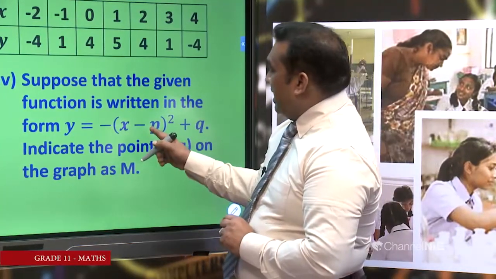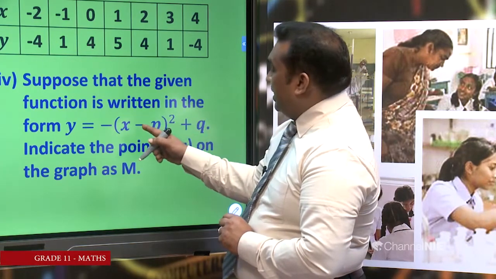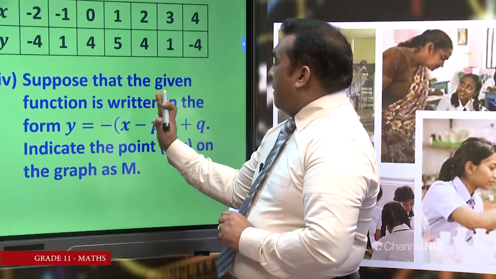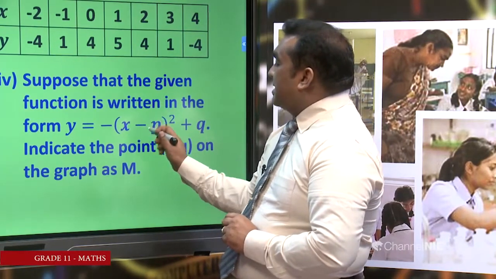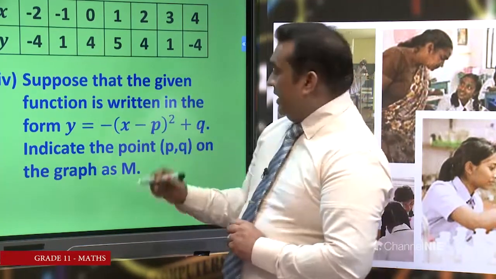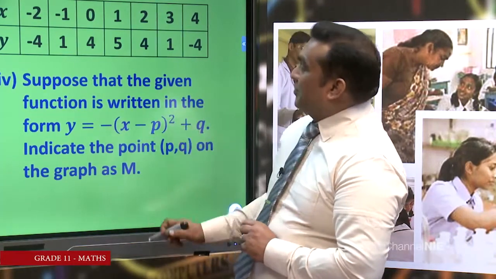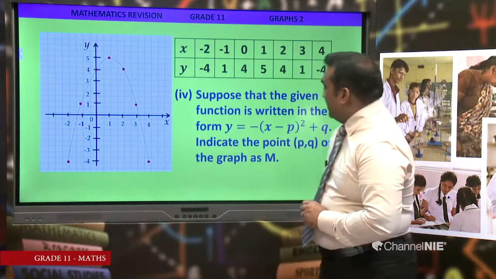Now, in minus (x minus p) squared plus q, you consider this p as the numerical value, and the minus sign is by the definition. Therefore, p is the x coordinate of the highest point.